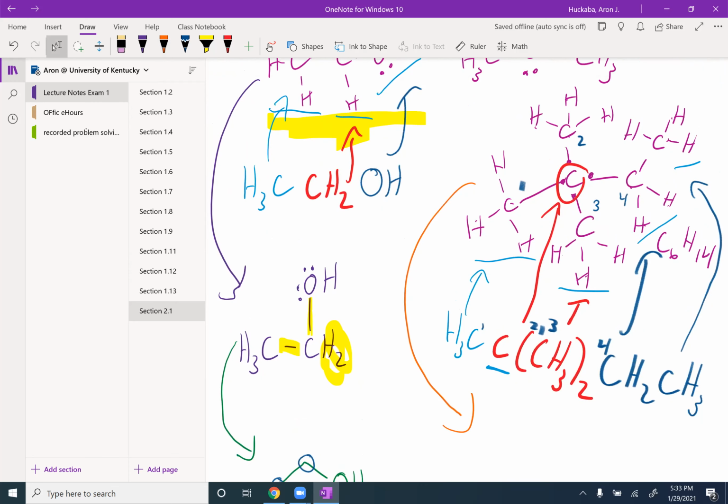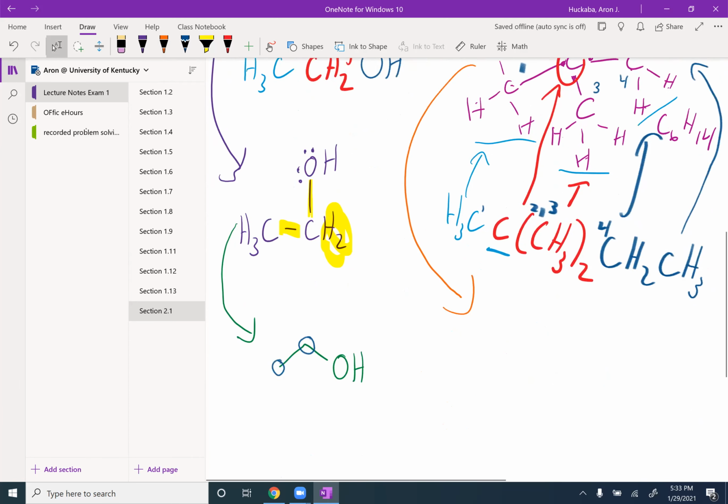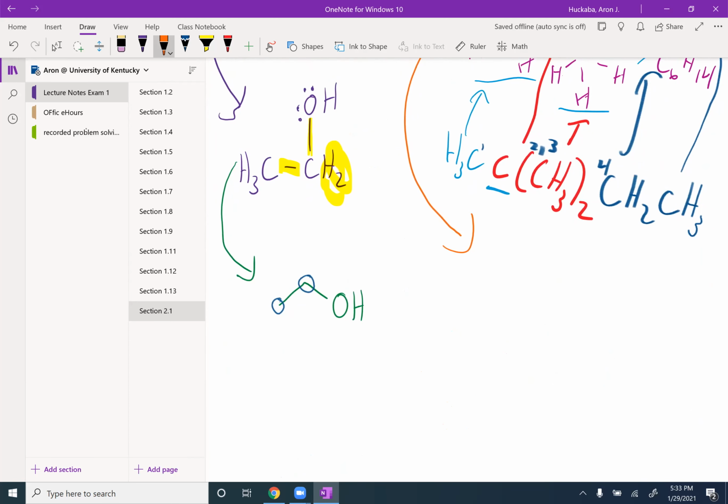But if you drew that structure, the one that we have in the totally condensed structure, in partially condensed form, you would have H3C, carbon, CH3, CH3, CH2, CH3.